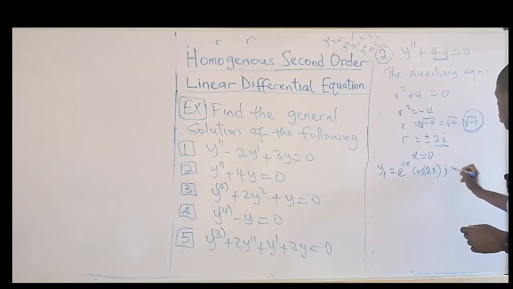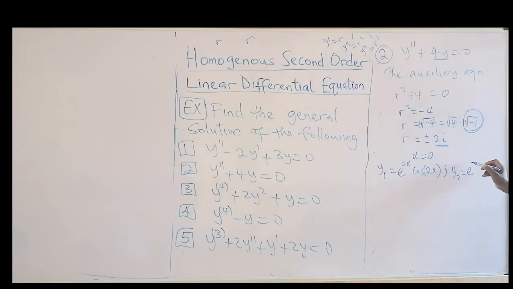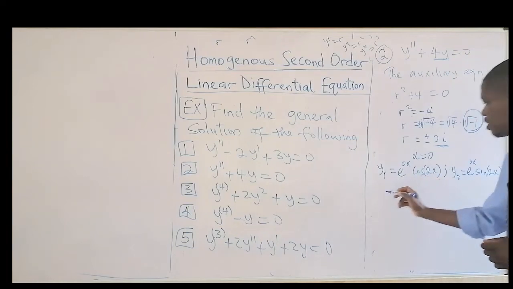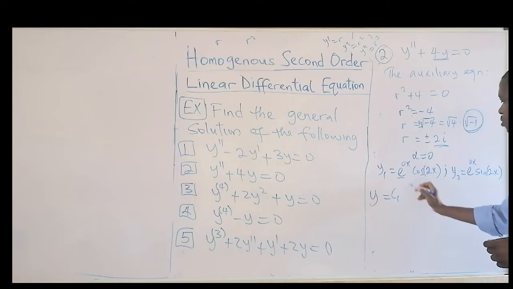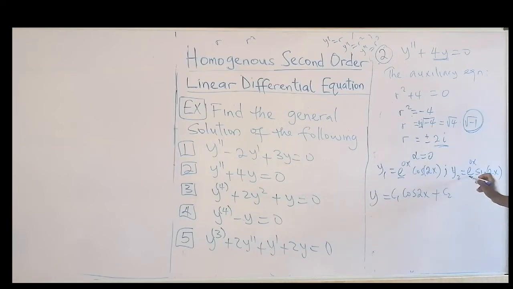Then y2 is sin 2x. The general solution is c1 cos 2x plus c2 sin 2x, since e to the 0 times x is 1.